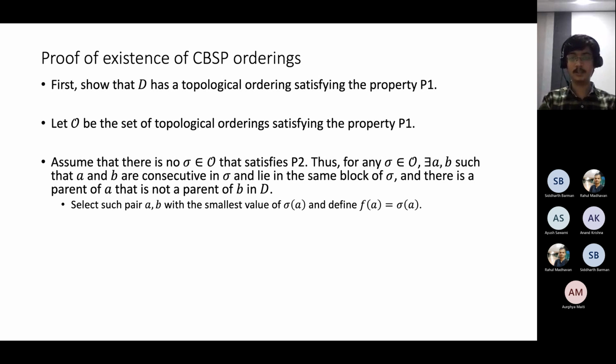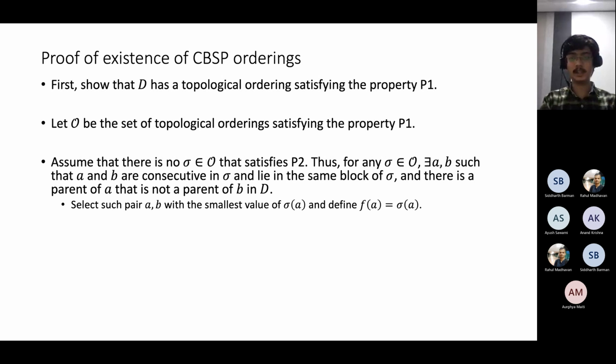What does this mean? This means that for any sigma, there are A and B such that A and B are consecutive in sigma and lie in the same block, and there is a parent of A that is not a parent of B. That is the negation of the shared parents property.